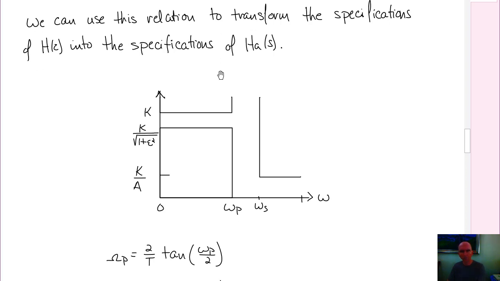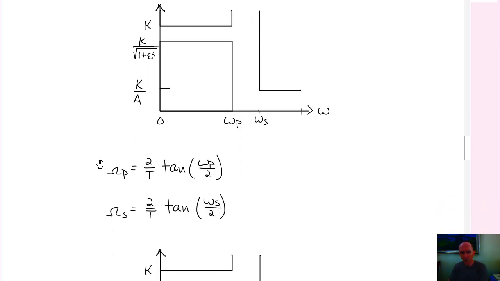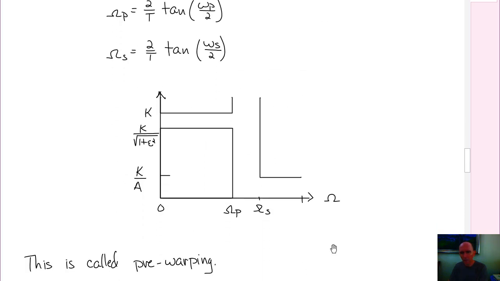So in other words, let's say these are the specifications of the digital filter that we want, so it would be in little omega. We can use our formula to change little omega p into capital omega p, and the same thing for omega s. And so these specifications would change into these specifications for the analog filter.